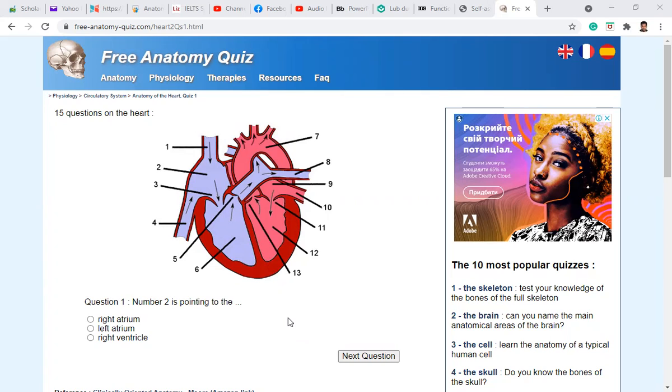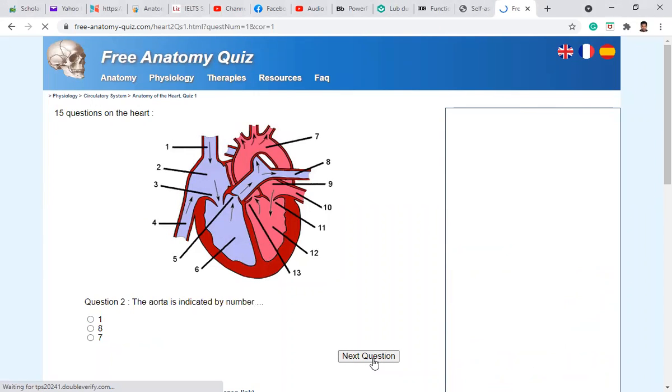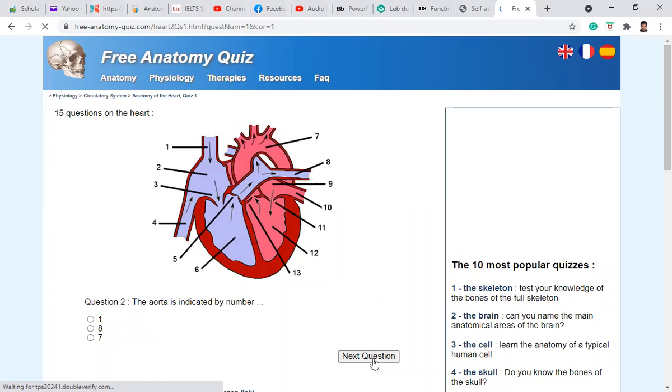Number 2 is pointing to the right atrium. The aorta is indicated by 7. Okay.